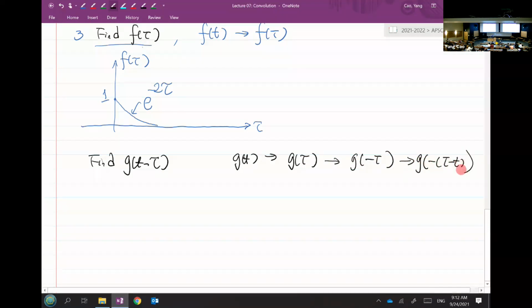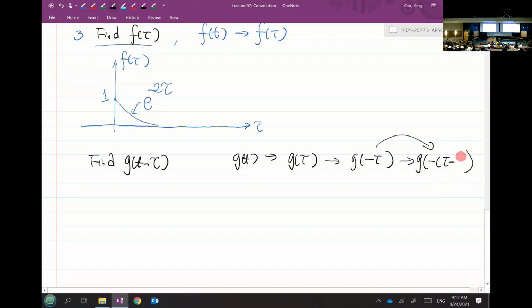Once we've done this, we do the next step. From here to here is a step I find sometimes a little confusing to students, because I introduce back the t here, and the t here is a variable. That's where a lot of times we get confused.